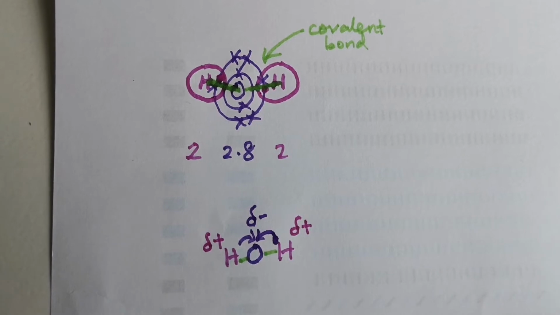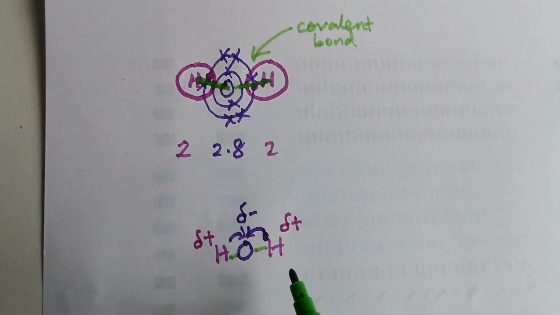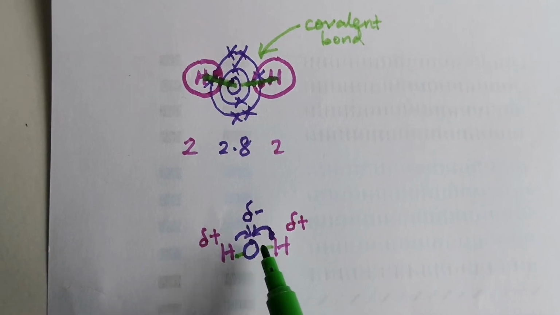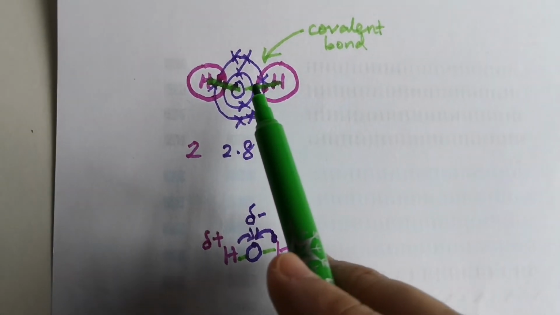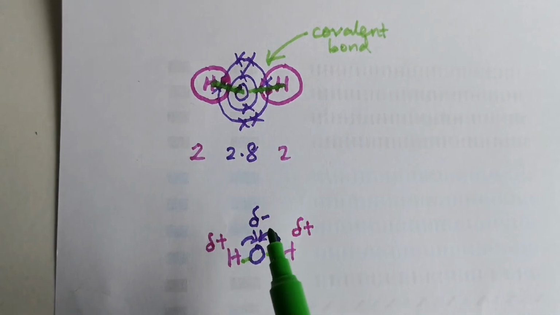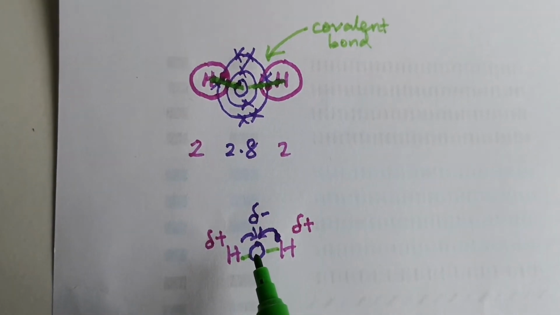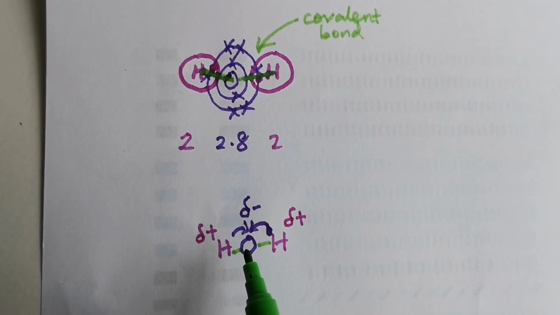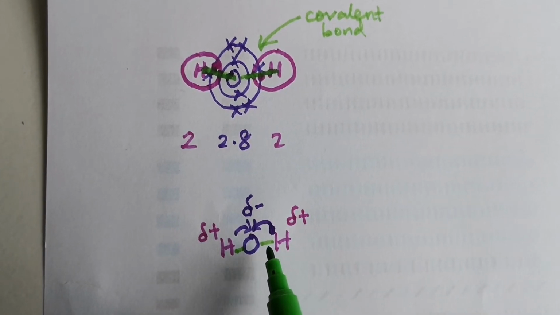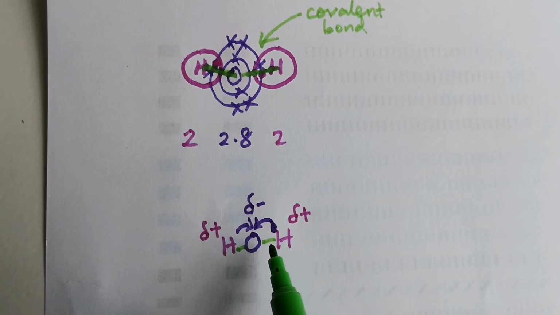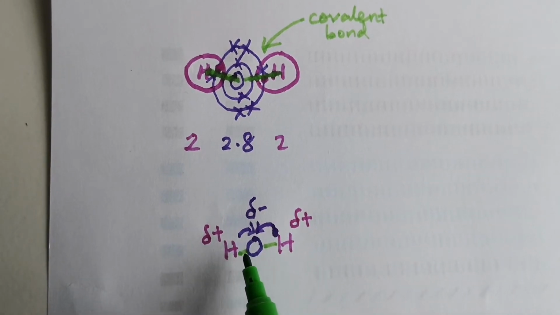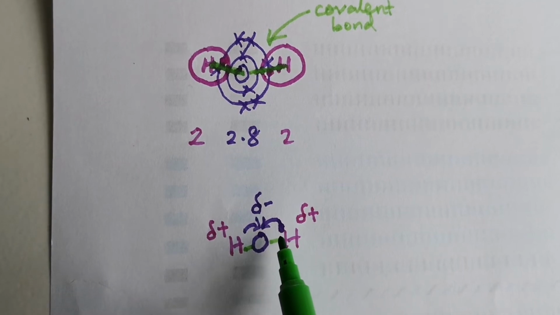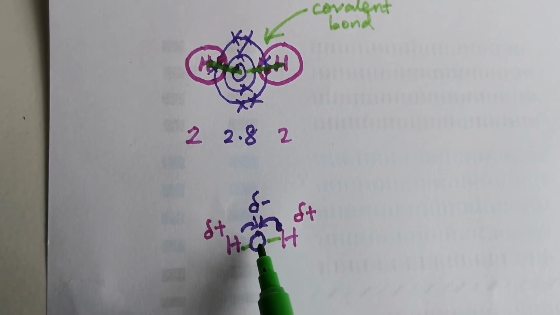Okay, let me say that again. Now, electrons are shared between O and H. Right, it's shared, covalent bond. But because of the nature of O, which is very electronegative, it will have a higher tendency to pull the electrons nearer to itself, although they are still sharing.